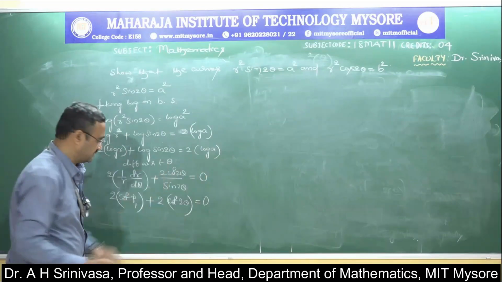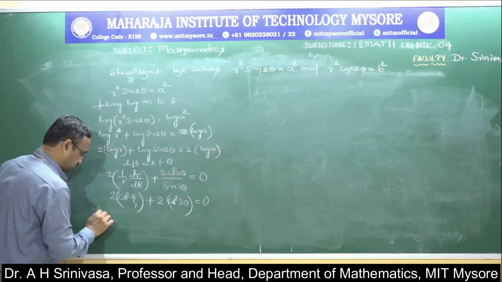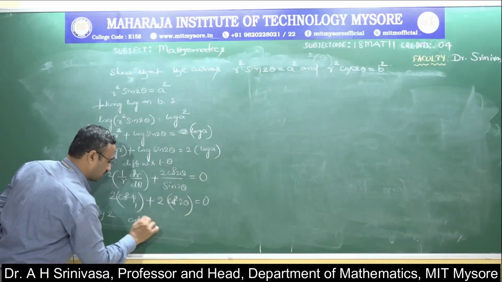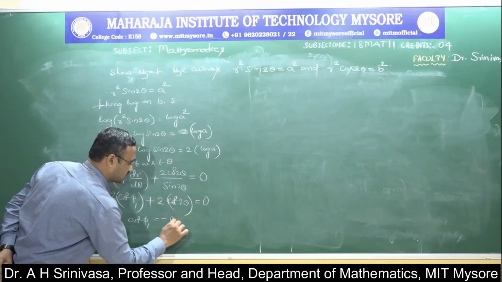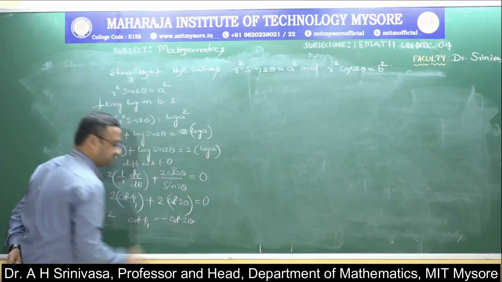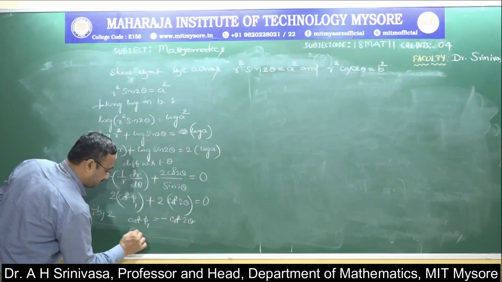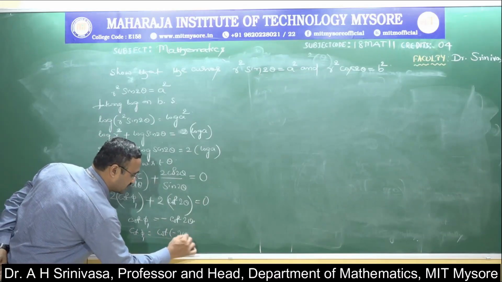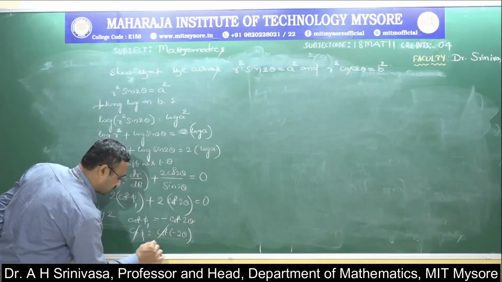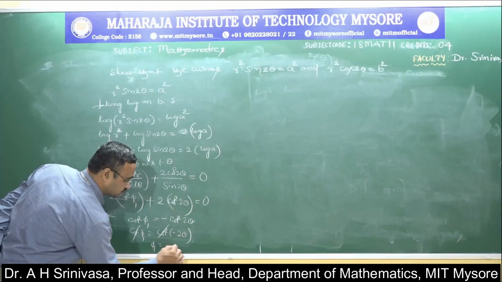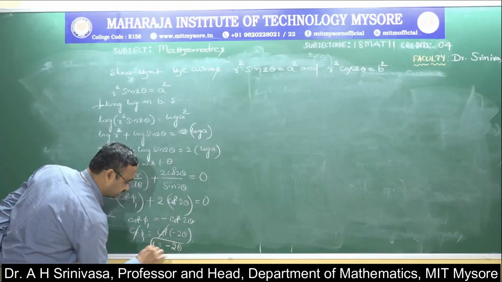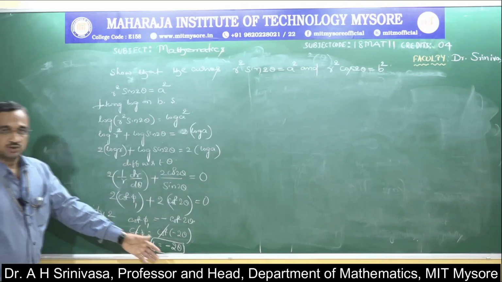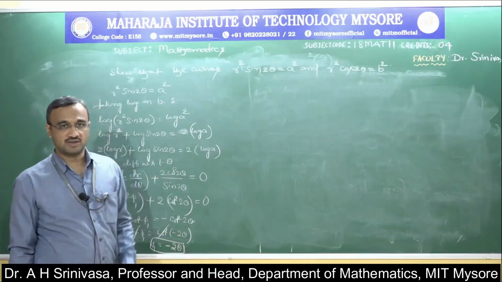Divide by 2, then send this function to the other side. Cot phi 1 equals minus cot 2 theta, or simply cot phi 1 equals cot of minus 2 theta. Now cancelling cot, phi 1 equals minus 2 theta. This is another form to show the curves intersect orthogonally.